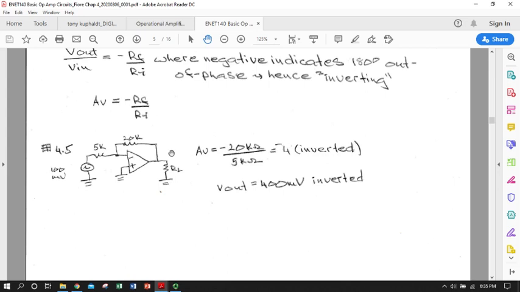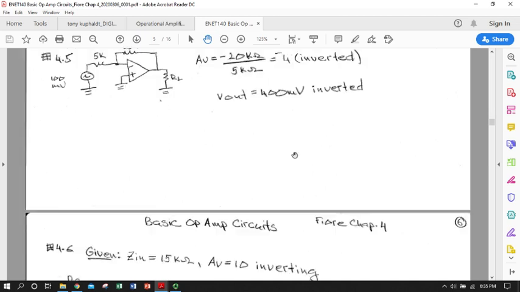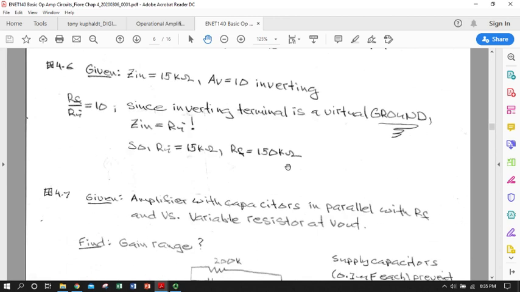There's a negative sign indicating that the voltage signal is 180 degrees out of phase with our input. And so we get a gain of effectively negative 4, or 4 inverted. So if we put 100 millivolts amplitude in, we would get 400 millivolts amplitude out, 180 degrees out of phase. That's something we could easily see on our oscilloscope.